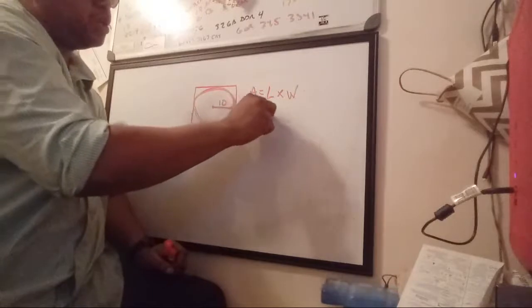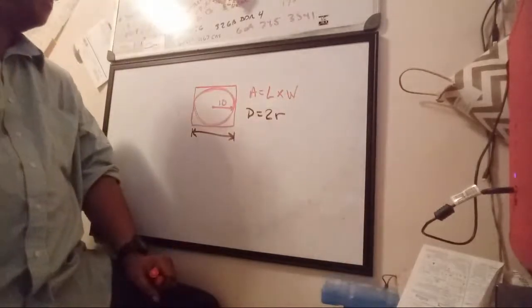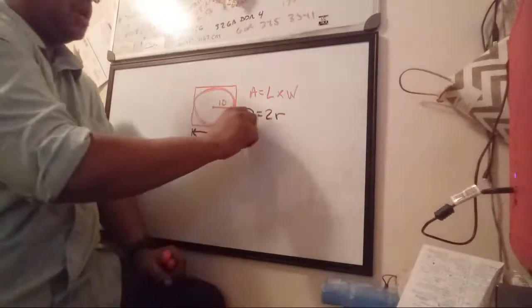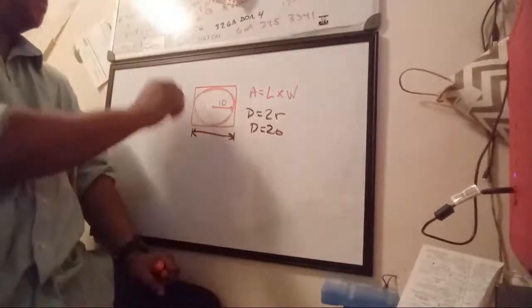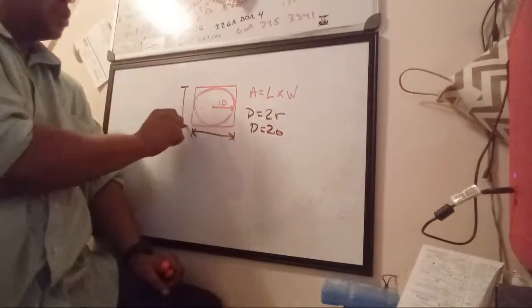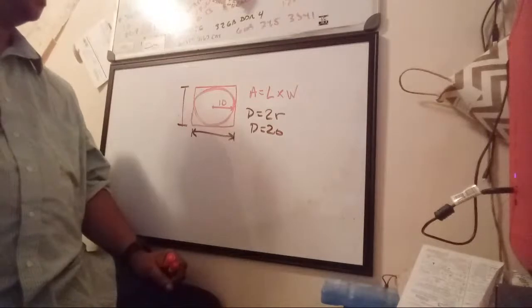Diameter is equal to 2 times the radius. So in this case, our diameter is 20. And if it's a square, the length is equal to width, right? Yeah. Right.